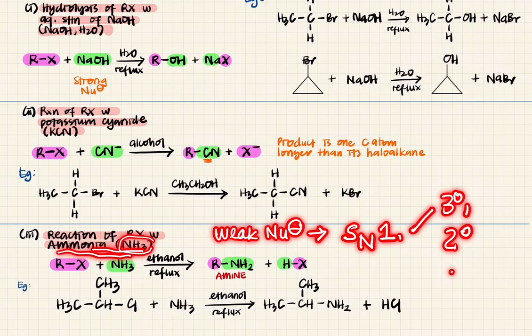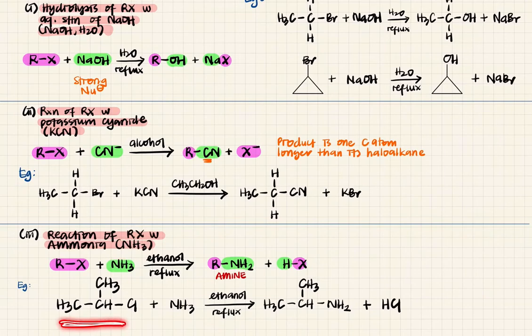So kalau primary tu yang dia boleh rearrange lah, tapi awak akan definitely form secondary carbocation atau tertiary carbocation. So if you look here, ini awak punya reactant ni, dia adalah secondary haloalkane. Okay. So in this reaction, awak akan form amine. Ini saya highlight ni supaya awak boleh nampak which molecule will be attached to your R group and which will be attached to your X. Okay. So awak dapat amine dengan awak punya byproduct.